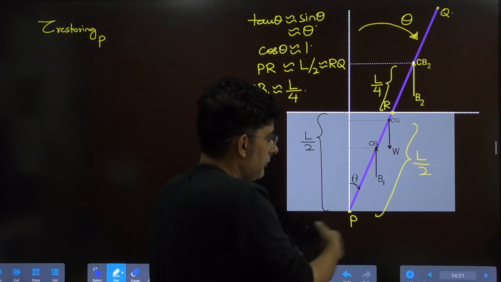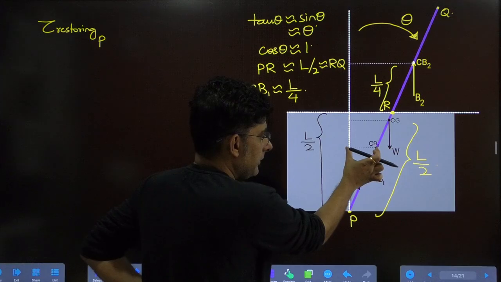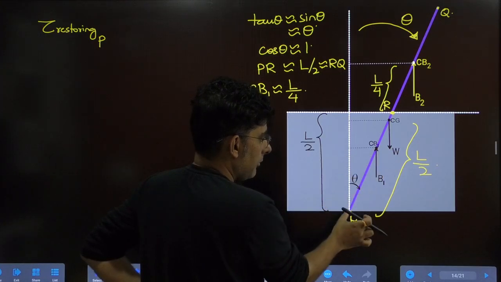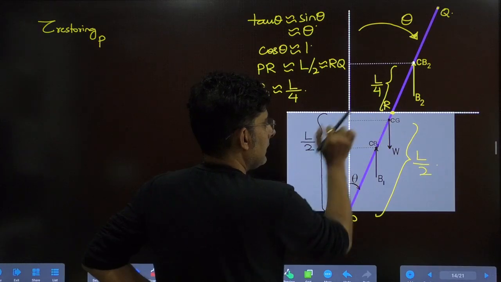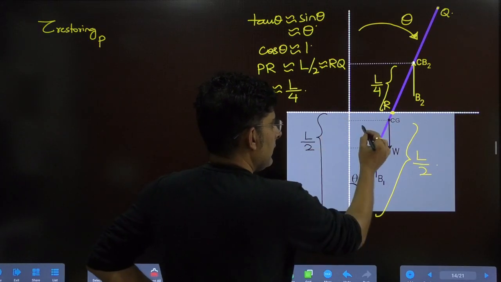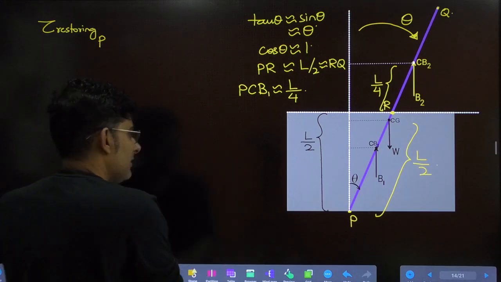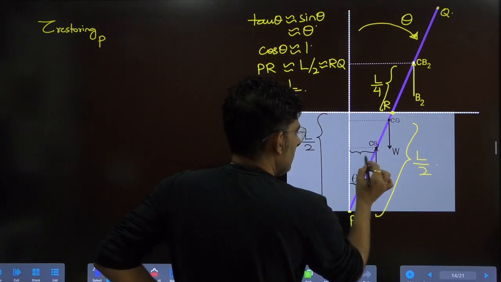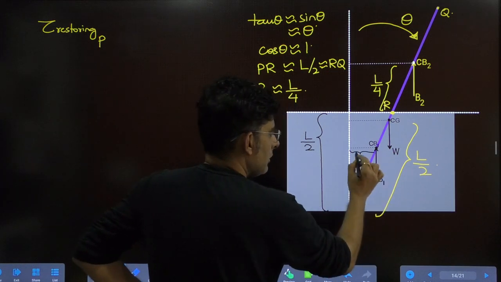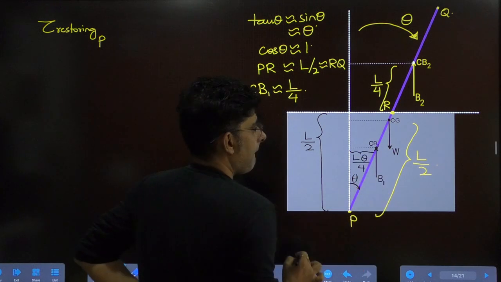So for B1, you can see, this will be the perpendicular distance from point P. For weight, we need to see this one. For B1, this will be the distance. This is L by 4, so this distance will become L theta by 4.